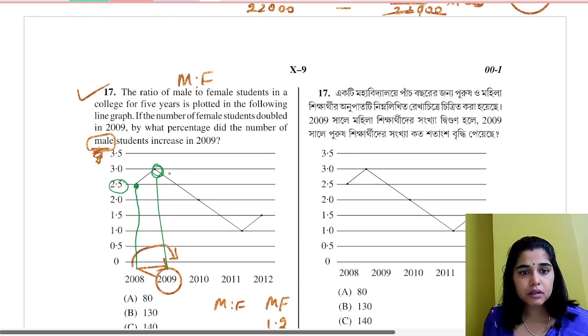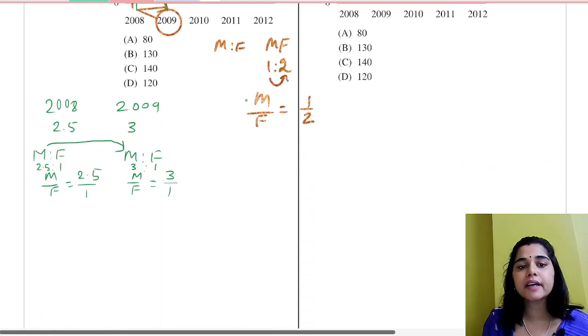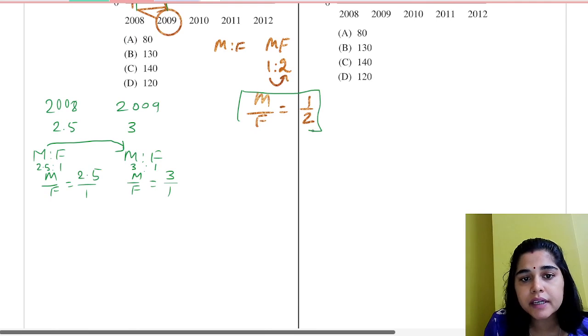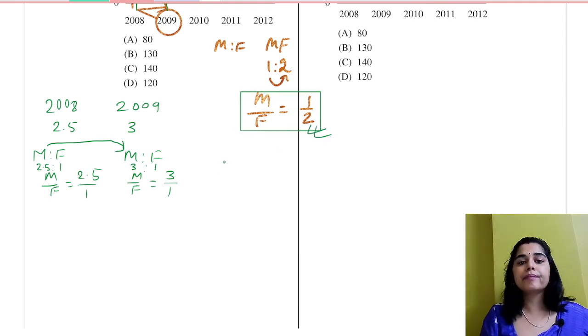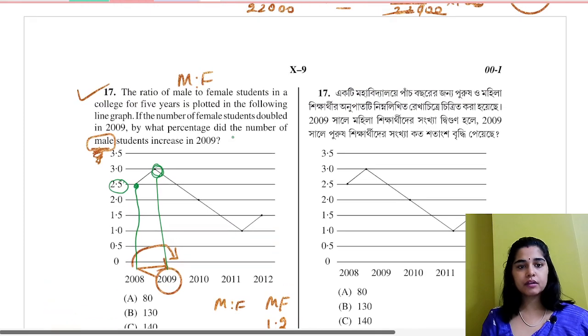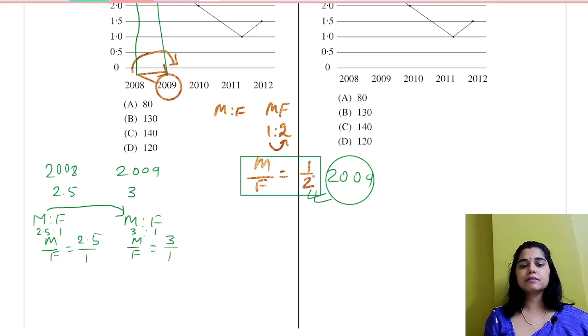Let's see the question. They have asked what percentage did the number of male students increase in 2009? They are asking about the male members. The question says above that the number of female students doubles in 2009. So this is about 2009. In 2009, the female will be double and the male is just 1.